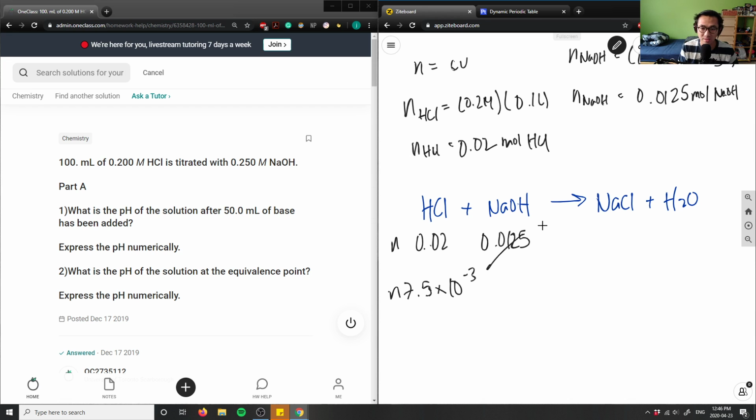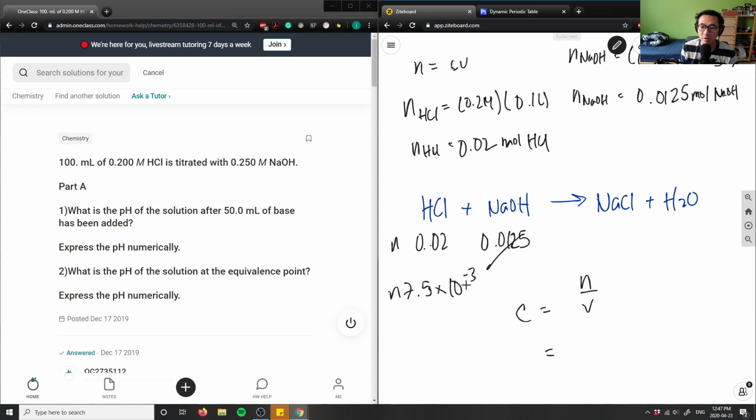So if we have this left in terms of HCl, because our NaOH is used up, then we have to figure out our new concentration with this, right? So we have n of HCl, and concentration equals n over V, right?